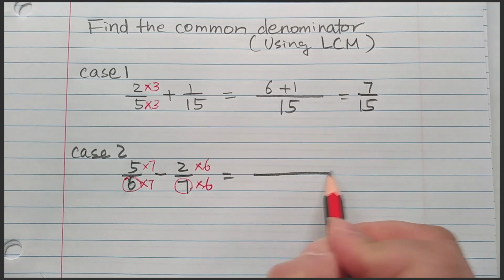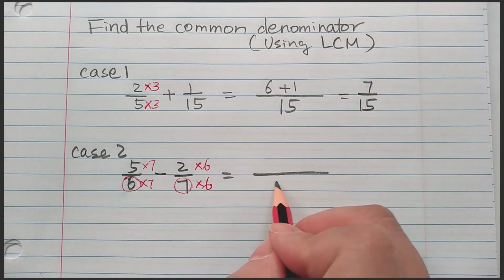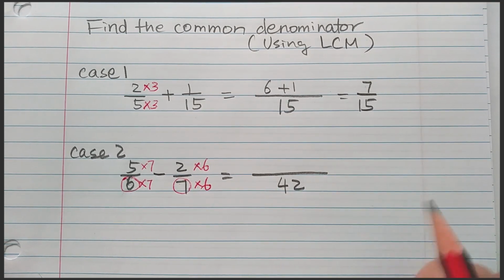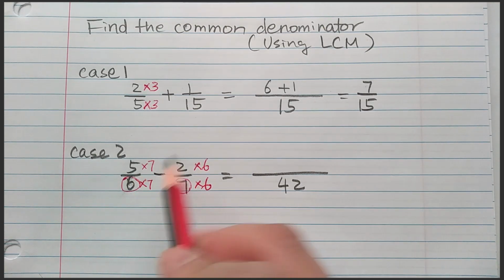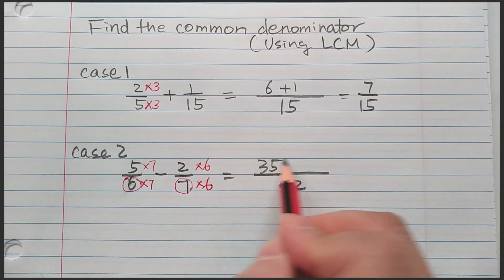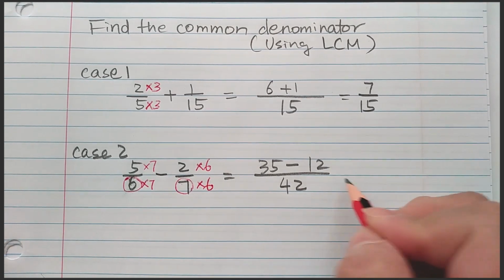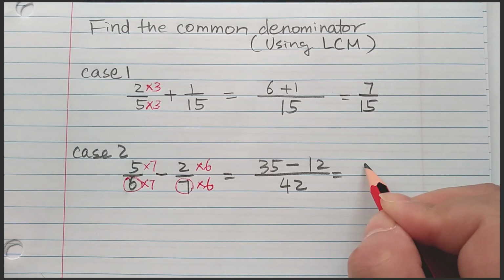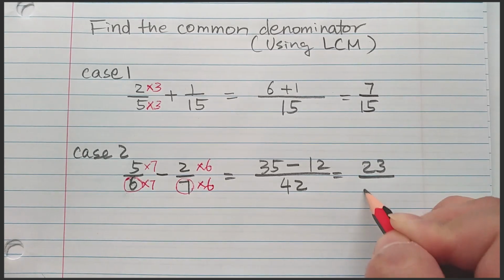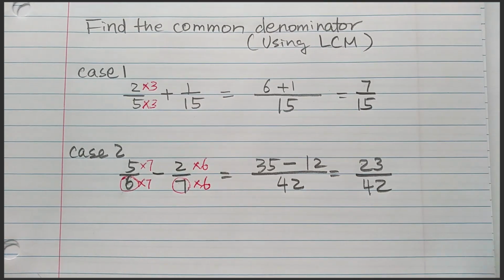So the denominator is 42, and 5 times 7 is 35 minus 2 times 6 is 12 equals 23 over 42.